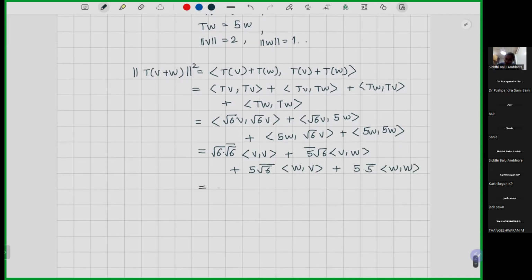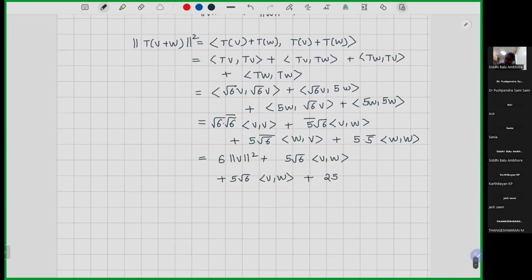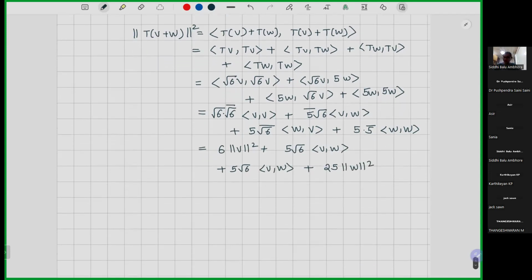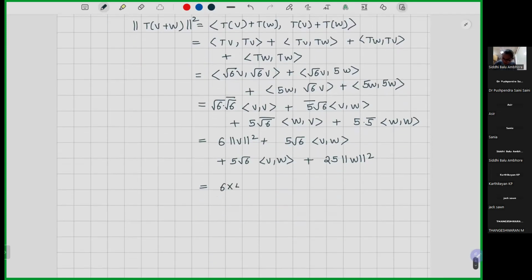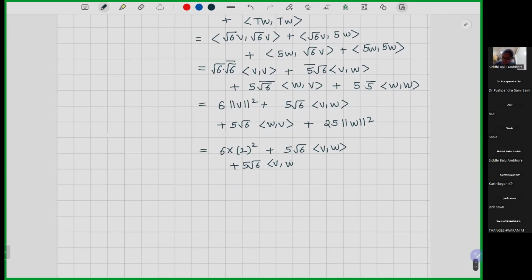And this is 6 norm V square, plus 5 root 6 inner product of V, W, plus 5 root 6 inner product of V, W, plus 25 norm of W square. Substituting that the norm of V is 2, we get 6 into 2 square, plus 5 root 6 inner product of V, W, plus 5 root 6 inner product of W, V, plus 25 into 1 square.